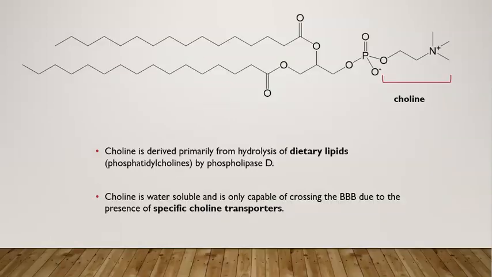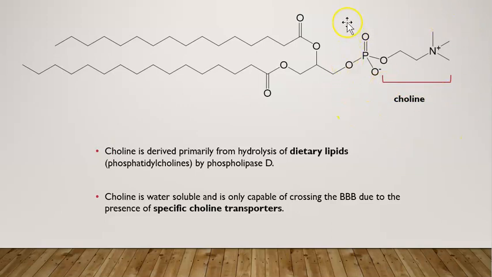So how do we get acetylcholine into our systems? We have to have acetyl coenzyme A, but we also need to have choline. It turns out we can get choline from our diet, and that's actually where we get most of our choline. We get it from the hydrolysis of dietary lipids, and choline is water soluble, so it's capable of crossing the blood-brain barrier.